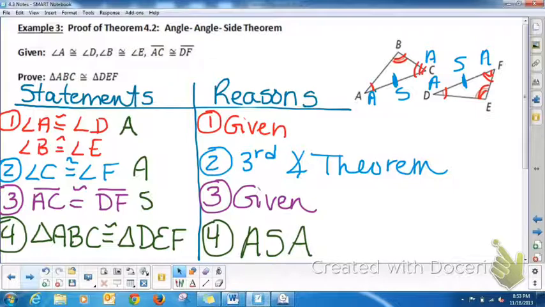So this one is called angle, angle, side. If you can say angle, angle, side, then you could go on to say angle, side, angle. And why take that extra step each time? So that's why we have the angle, angle, side theorem. So now it's one that you can use.